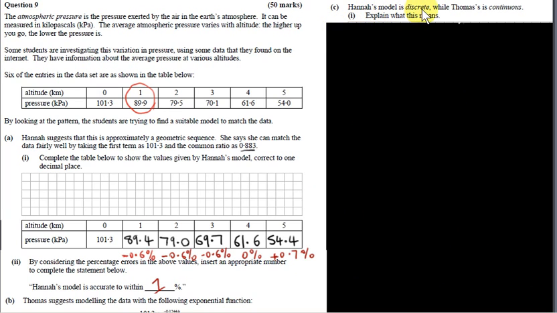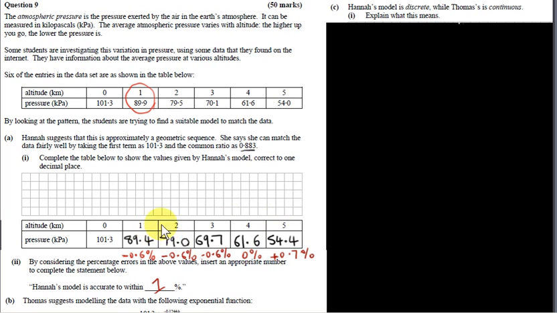Hanna's model is discrete while Thomas's is continuous. Explain what this means. Well, Hanna's model is based on the idea that the pressure at integer values of the altitudes is a geometric sequence.